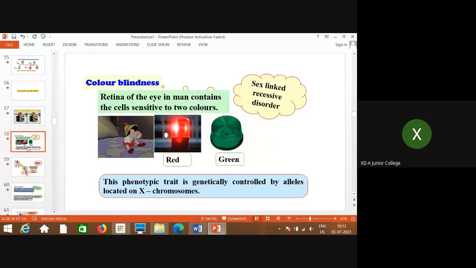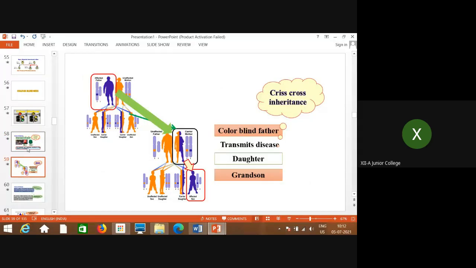When it is heterozygous, one dominant and the other recessive, that person is normal, and that too a female, but a carrier. The female is carrying the gene, but as the normal gene is dominant over the recessive gene, this phenomenon is not expressed. But when it is in the homozygous recessive form, only then is color blindness observed. That's why this is called a recessive disorder.